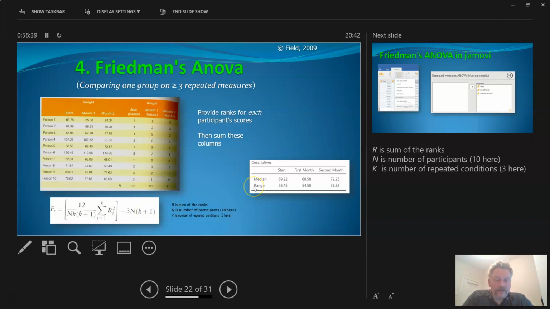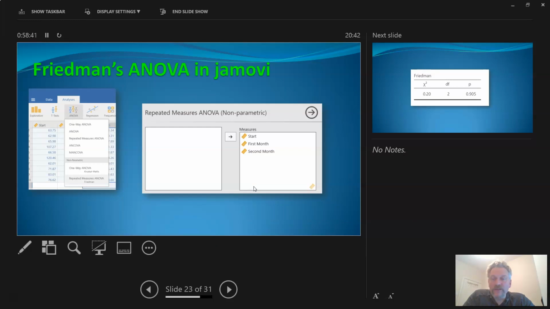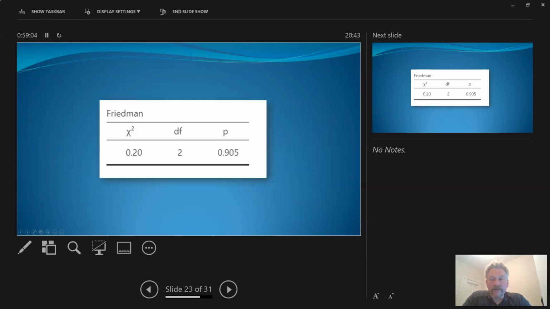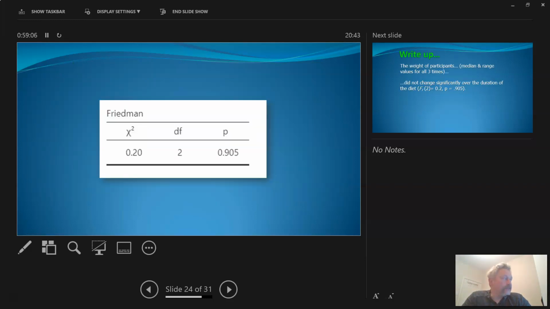In terms of running this analysis, you'll see it's quite well labelled in Jamovi what you have to click in order to get this Friedman's ANOVA. We would have the data for our participants, their weight at the start, a month in, and in the second month. We compare them across those three time points, and this gives us our Friedman's ANOVA.